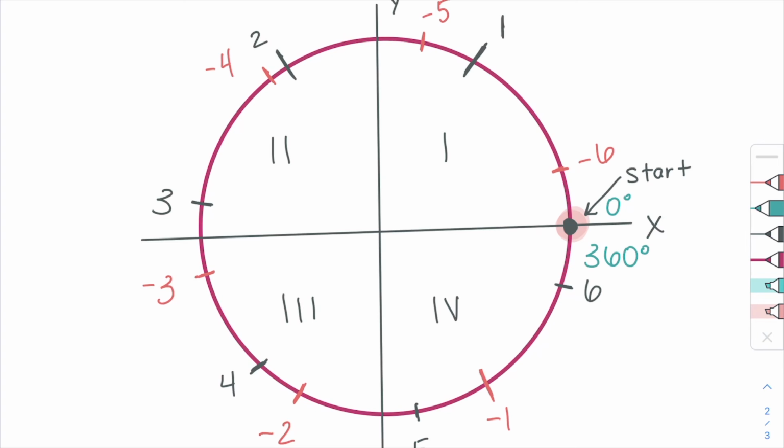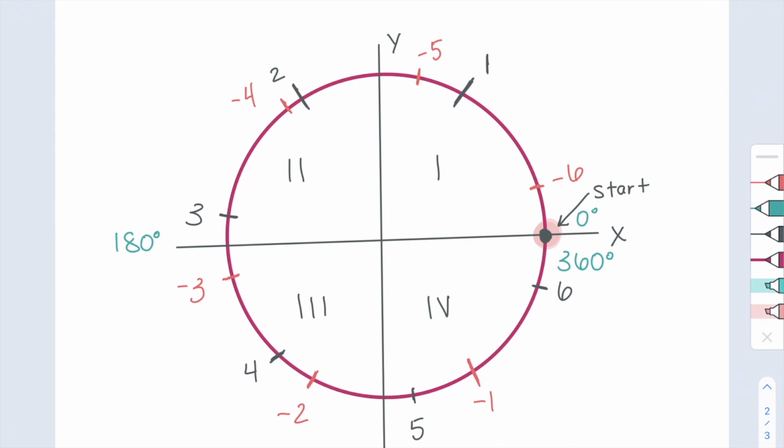That means halfway around is 180 degrees. Half of 180 is 90. And then if I went down to my bottom, I'm going to get 270 because 180 plus 90 gives me 270.